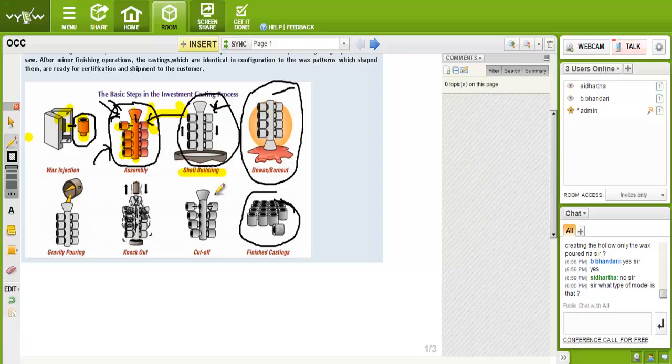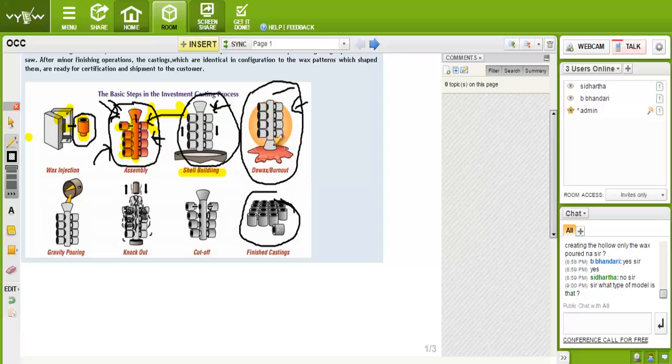Then if you dip it, the ceramic layer is attached to this wax. Now ceramic has a higher melting point than wax. So if we heat this, the ceramic is not melted, but the wax inside is melted and comes out.